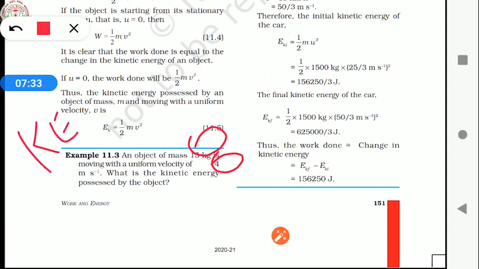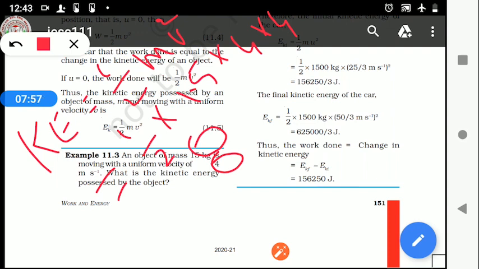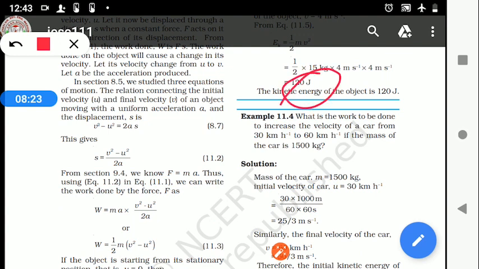Kinetic energy is equal to half mv square. By substituting the values of mass and velocity, you will get half into 15 into v square means 4 into 4. So that is equal to 120 joules. When you simplify this, you will get the answer as 120 joules.